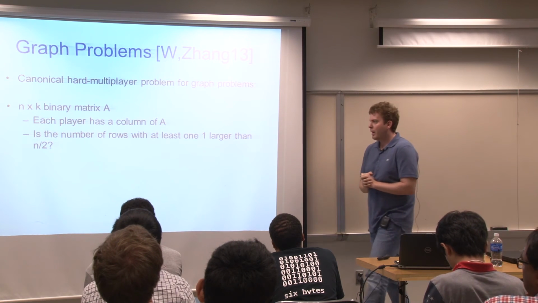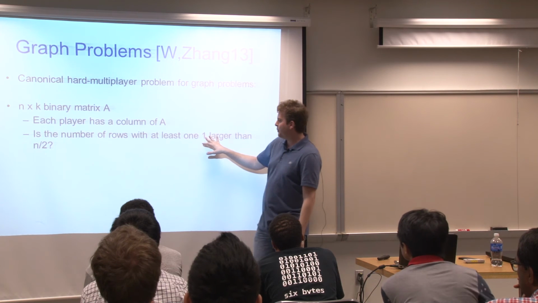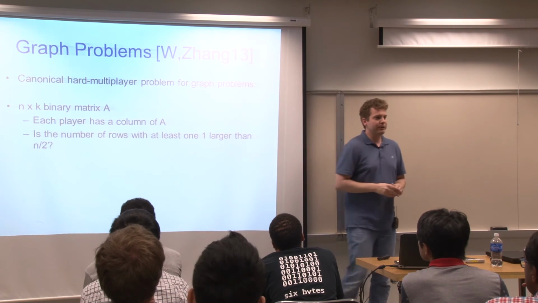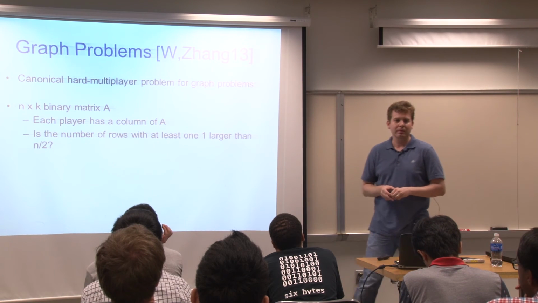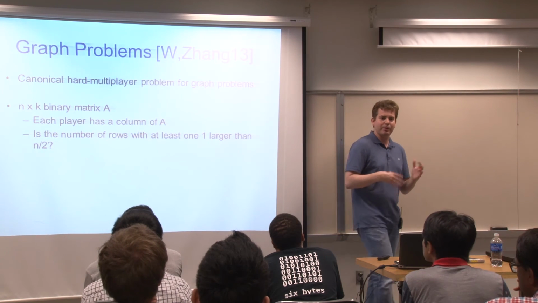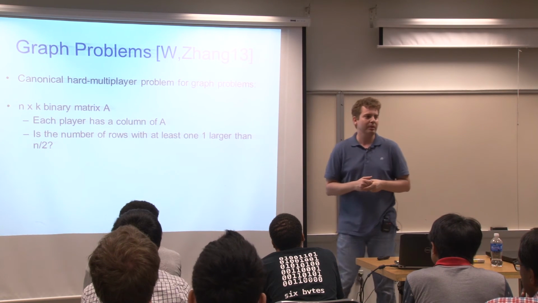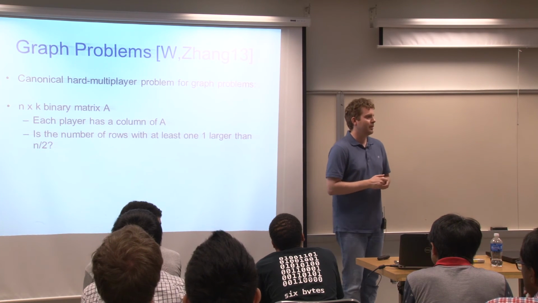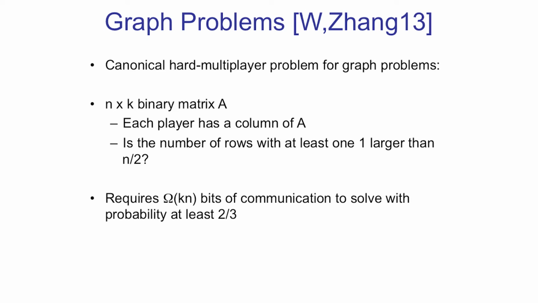You want to know, is the number of rows with at least one 1 larger than n over 2? Equivalently, the number of rows with all zeros is at most n over 2. For this problem, we can show a kn bits communication lower bound.